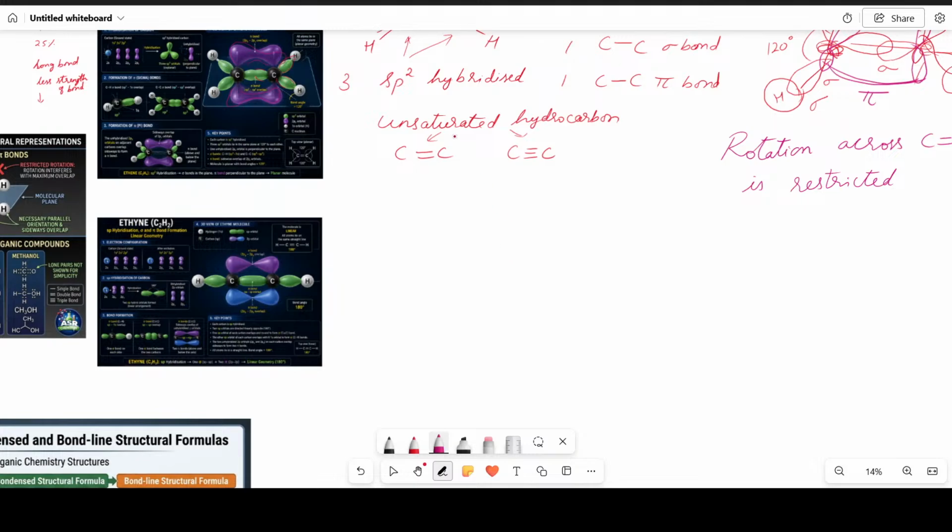So therefore these pi electrons are easily available to the attacking reagent.